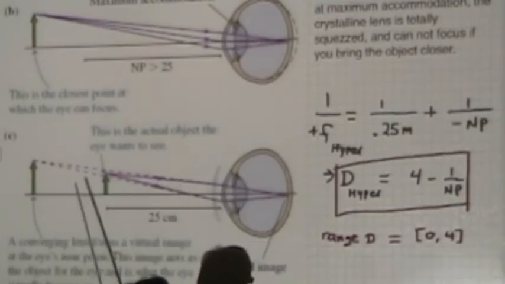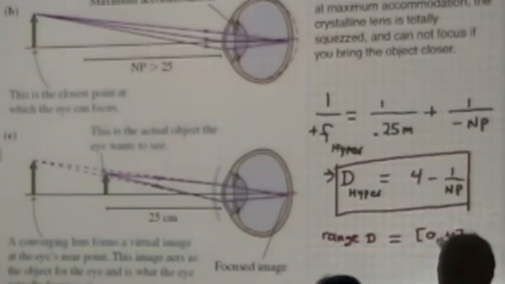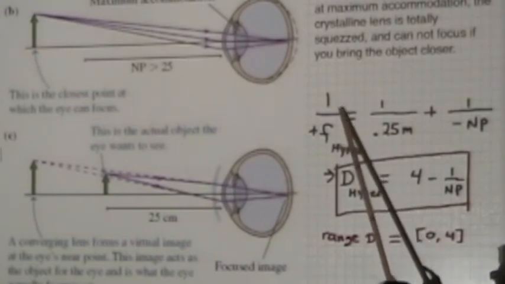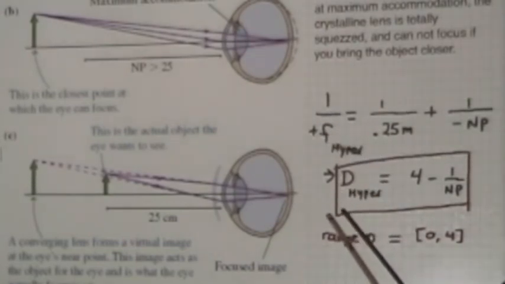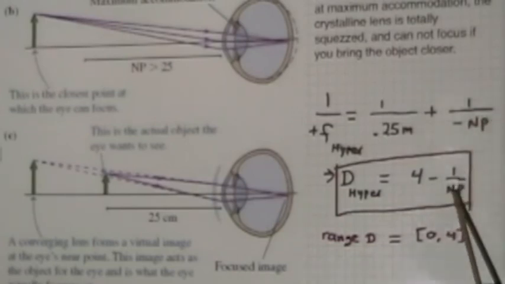And that's going to be on the left, the upstream side of images, so that goes with a minus sign. So from here you solve for the equation 1 over the focal length that you use, called the diopters of the lens that you're going to use to correct for that. So the diopters will be 1 over 0.25, which is 4, minus 1 over the near point of that person.